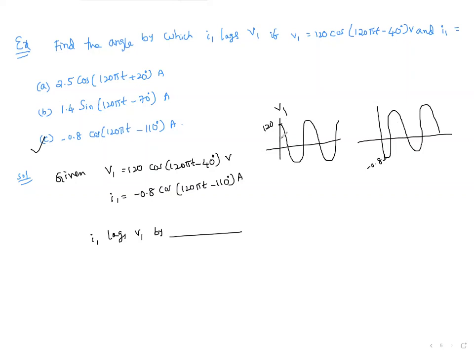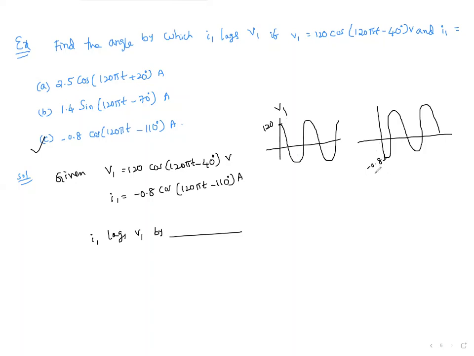Shifting in the sense what we felt, if they delay this much, we have directly calculated that angle difference. We felt it is the leading angle or lagging angle. But here one is positive, one is negative at the starting point.